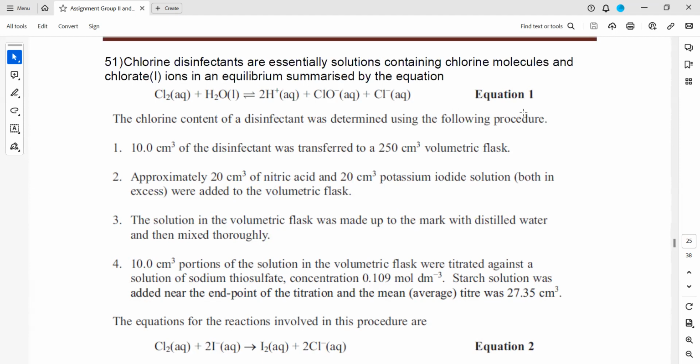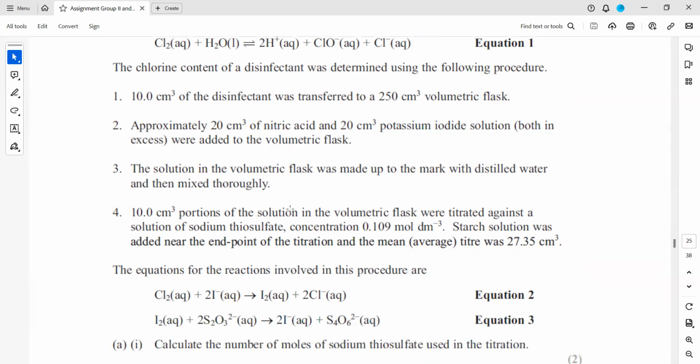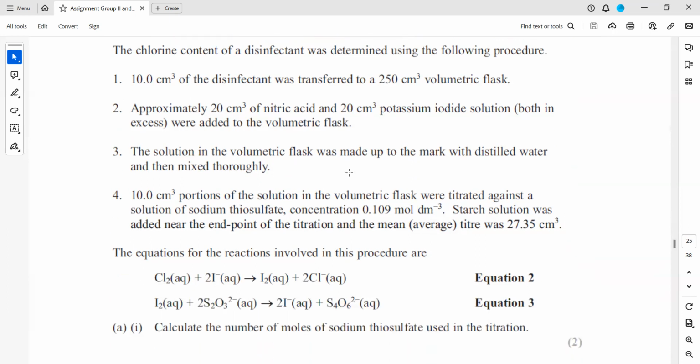Chlorine disinfectants are essential solutions containing chlorine molecules and chlorate(I) ions in an equilibrium summarized by the equation. So the equation is given. The chlorine content of the disinfectant was determined by using the following procedure. A 10 cm cube of disinfectant was transferred into a 250 cm cube volumetric flask.